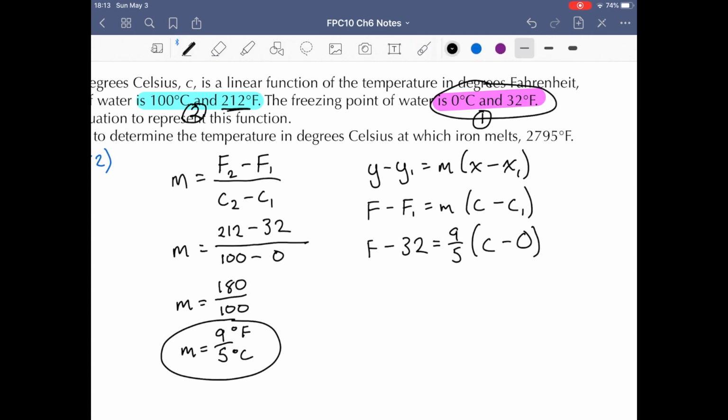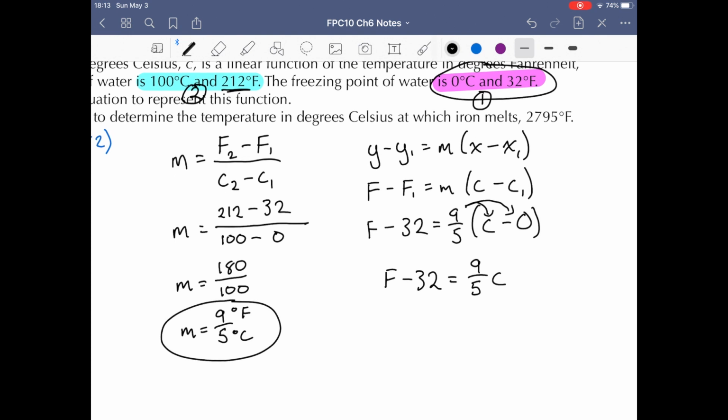Now we simplify this. We still have F minus 32 is equal to 9 over 5 times Celsius. We multiply this out, but 9 over 5 times 0 is just 0. And then we get F is equal to 9 over 5 Celsius plus 32. There we go.